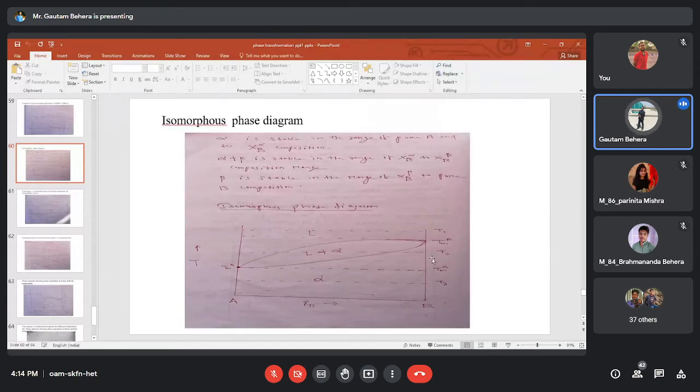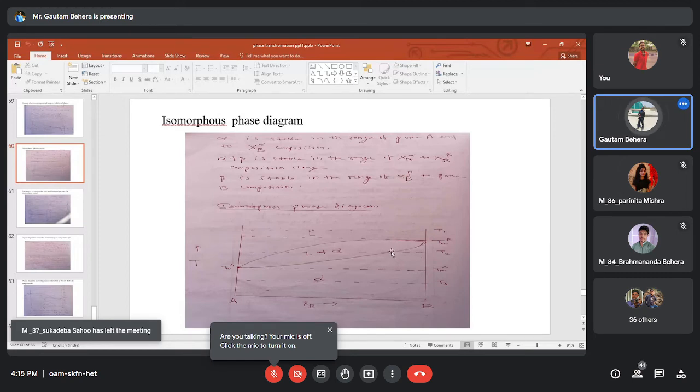Next, we'll move to temperature T2. This is very interesting, because if you want to go from the B end to the A end, initially which phase is stable, from pure B to this point? Alpha, very good. But the moment you reach this point, which one is stable?